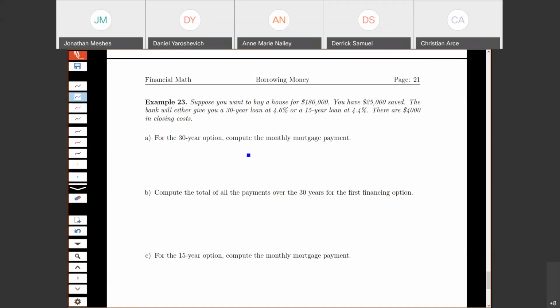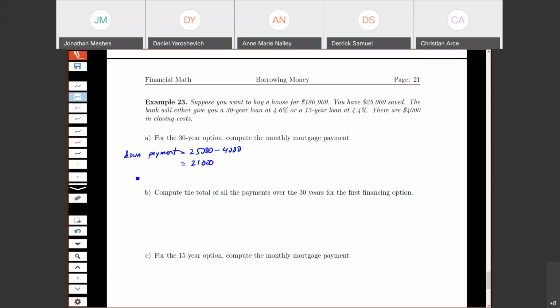For the 30-year option, compute the monthly mortgage payment. I've saved $25,000. I'm going to pay $4,000 in closing costs. So my down payment is $21,000.